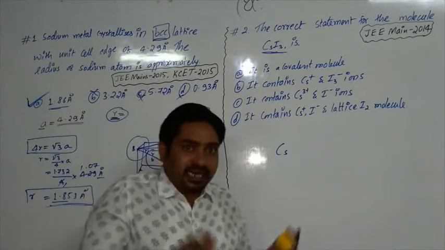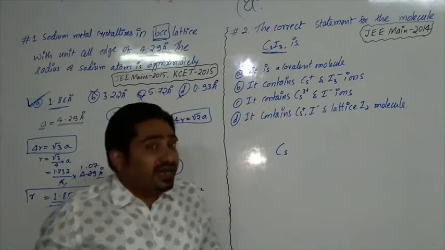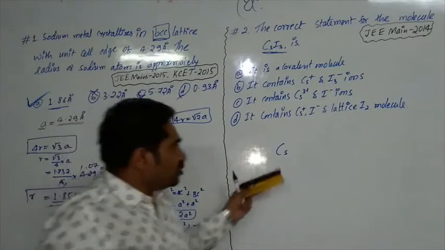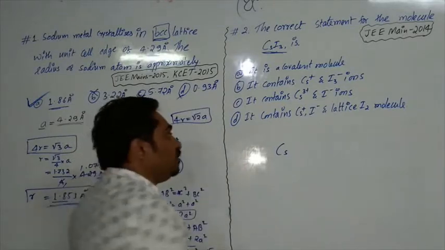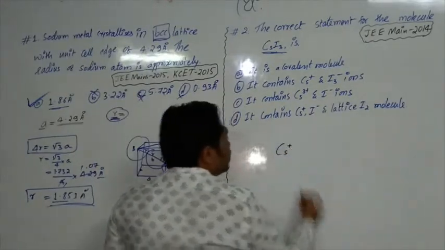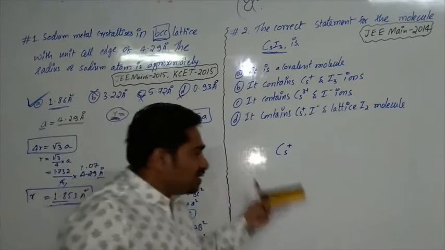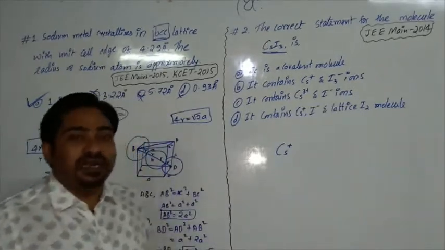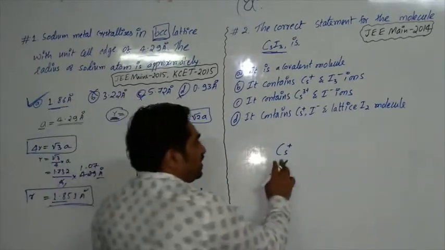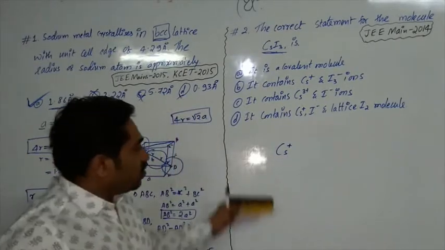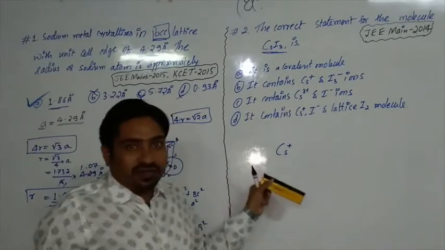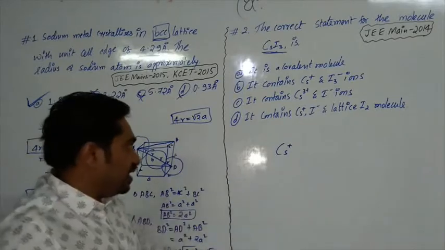As the size of the atom increases, its ionization enthalpy decreases. So due to the lowest ionization enthalpy, it can lose one electron very easily to get its octet. Cesium exists as the cesium plus ion, because its ionization potential is very low.